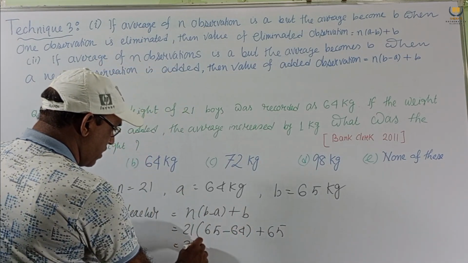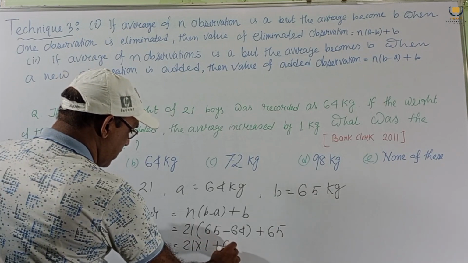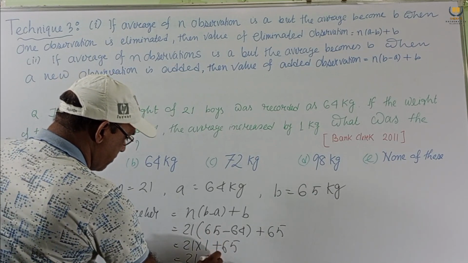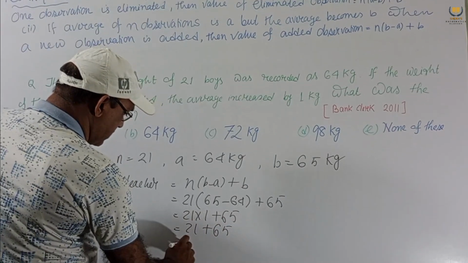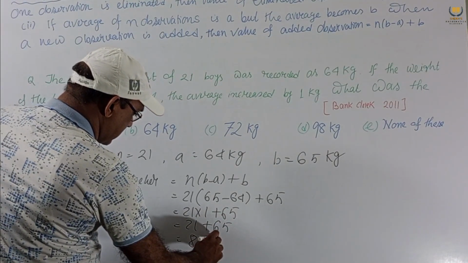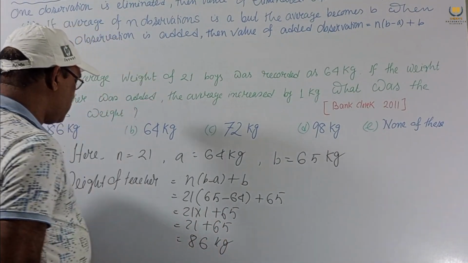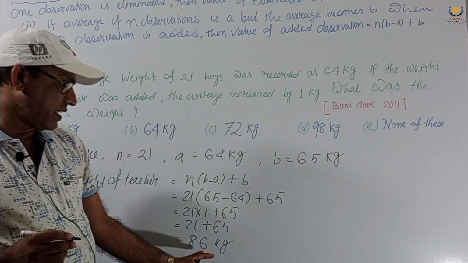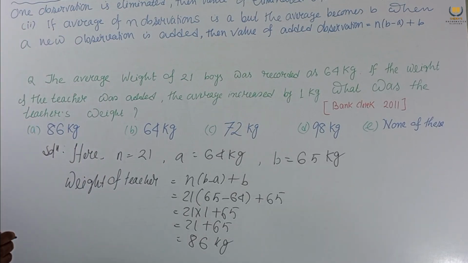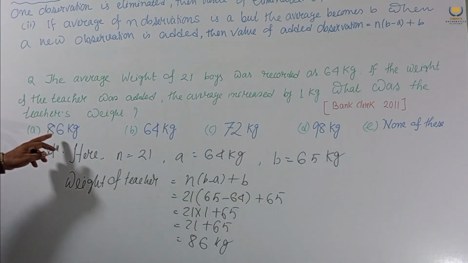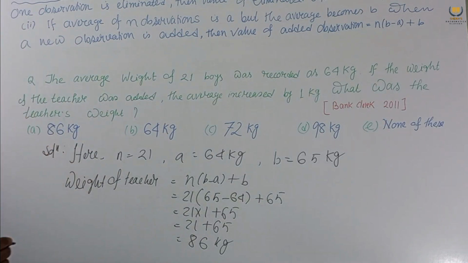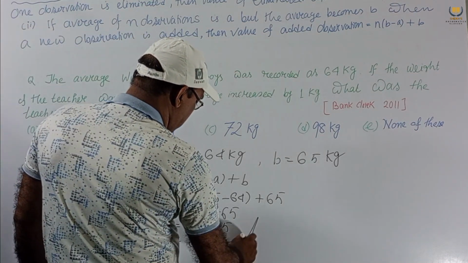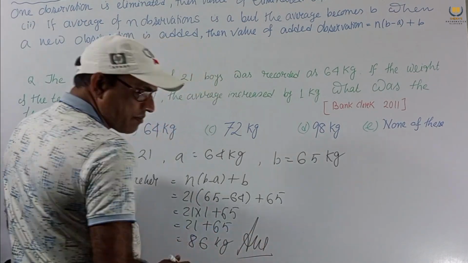This is 21 into 1 plus 65, which is 21 plus 65, which is 86 kg. So the weight of the teacher is 86 kg. Option A is the correct option. This is our final answer. Very easy solution.